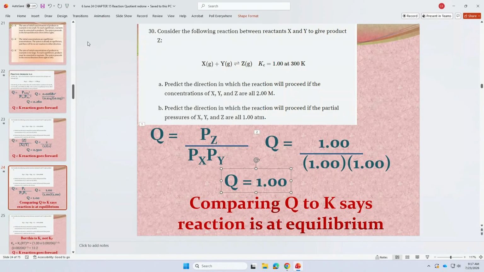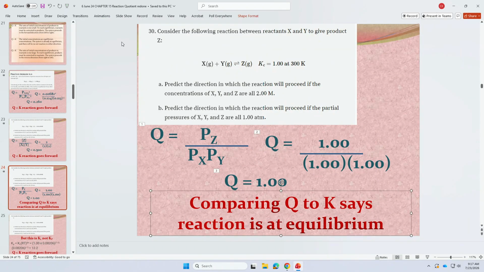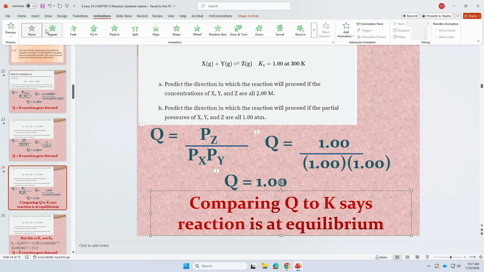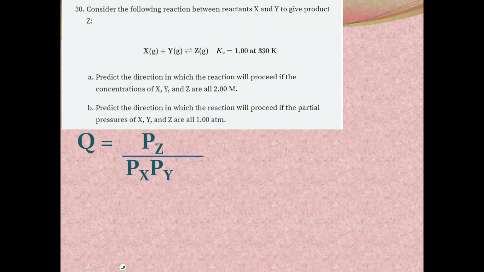Now, when I do part B, I still have 2 things in the denominator and only 1 thing in the numerator, but they're all 1. So I'm working with atmospheres now.